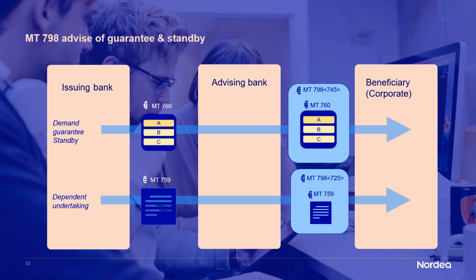But unfortunately, this would be a bit far from the idea of having an advising bank saying that this is an authentic message and here is the original message from the other bank for you.